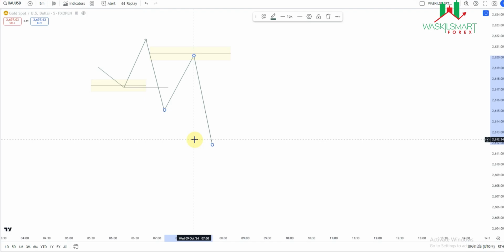Market may not be trading in that kind of movement. So if you target an internal liquidity, you are still on point. If you know that the higher time frame is telling you the market is going to be bullish and you saw this on your lower time frame, you can still enter it, but you target an internal liquidity zone. Okay, this is number one.